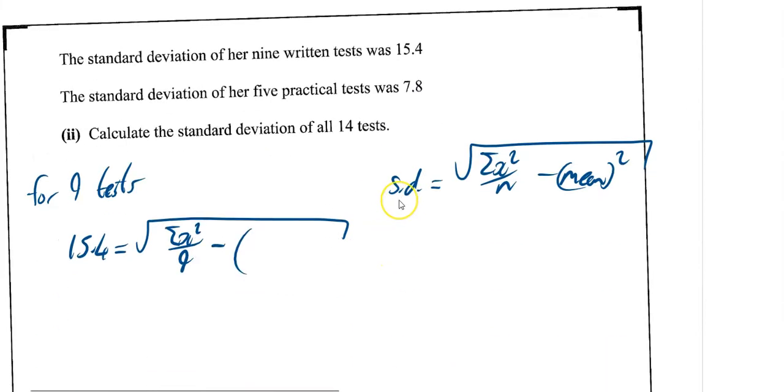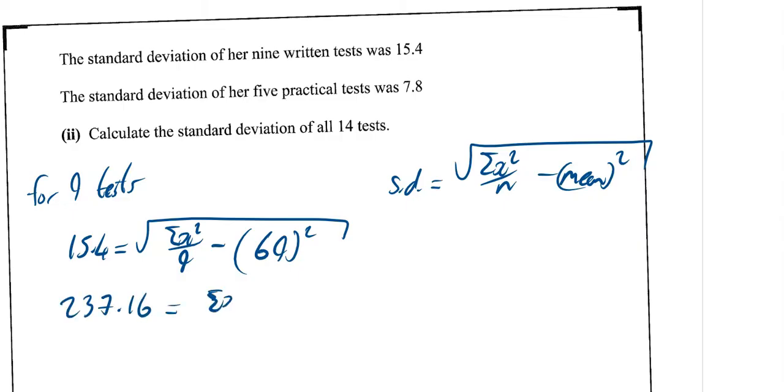What I'm trying to do here is work back to get my sigma x for these ones. So first thing I'm going to do is square that 15.4. So 15.4 squared works out to be 237.16. And that equals sigma x squared over 9 minus 69 squared.